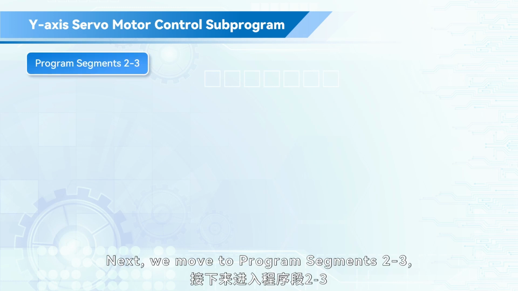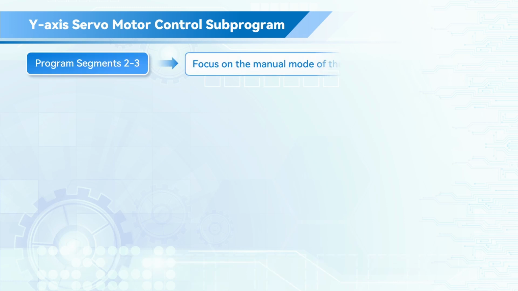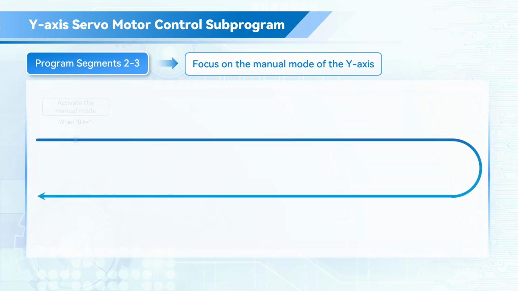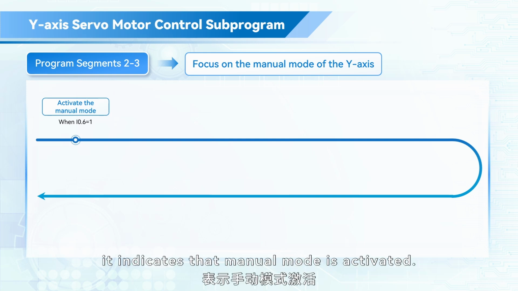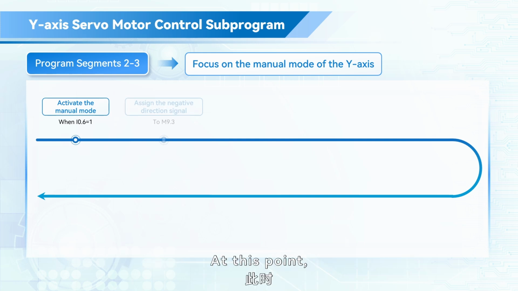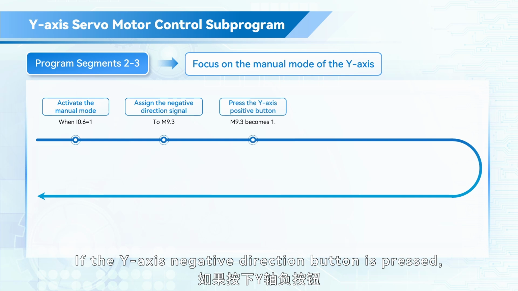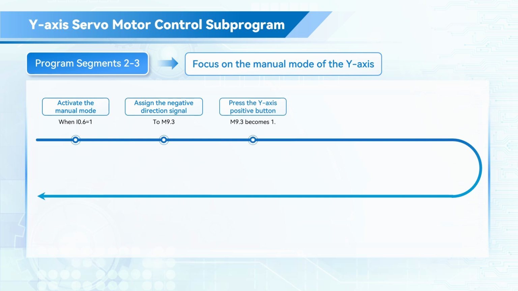Next, we move to program segments 2 to 3, focusing on manual mode of the Y-axis. When I0.6 equals 1, it indicates that manual mode is activated. At this point, the negative direction signal is assigned to M9.3. If the Y-axis negative direction button is pressed, M9.3 will be set to 1.